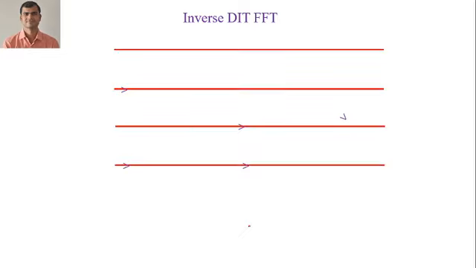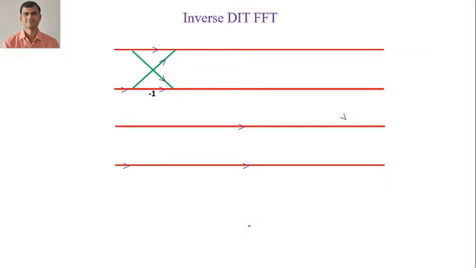As you know, for the DIT FFT algorithm, the input sequence is in bit reversal order and the output sequence is in natural order. So the number of stages for capital N equals 4 is 2, and in each stage there will be N by 2 butterflies, that means there will be 2 butterflies.